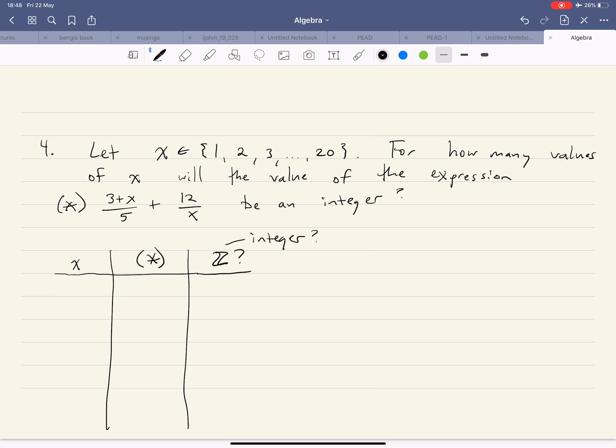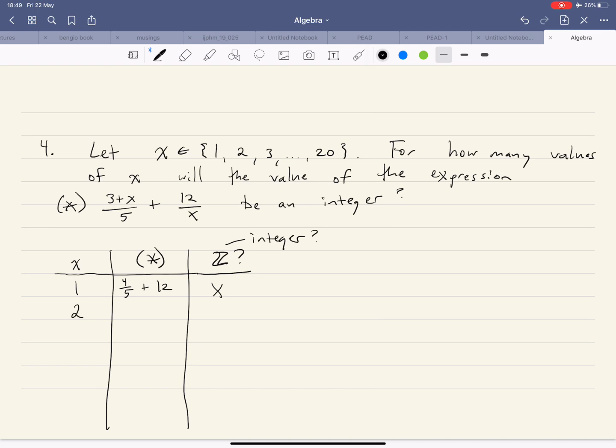So I've got the possible input 1, and star is going to evaluate to (3 plus x)/5, x is 1, so that's 4/5, plus 12 over 1, which gives me 12, and no, that's not going to be an integer.